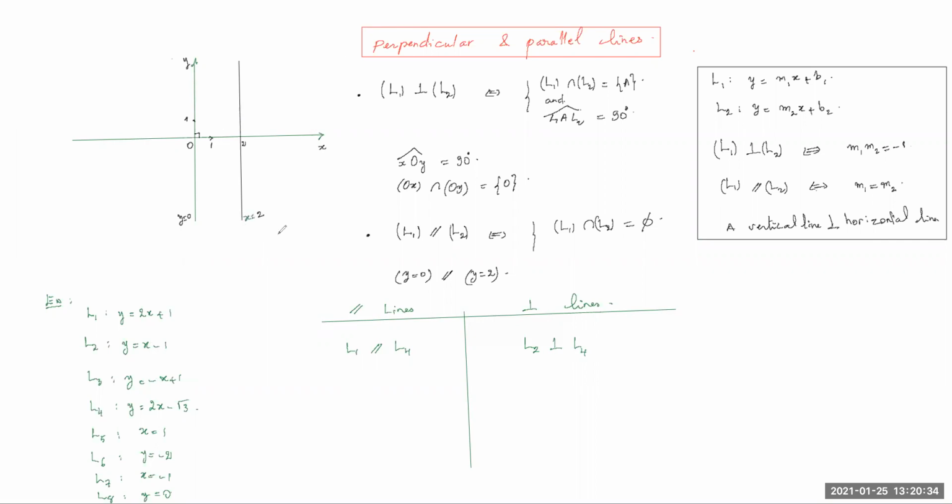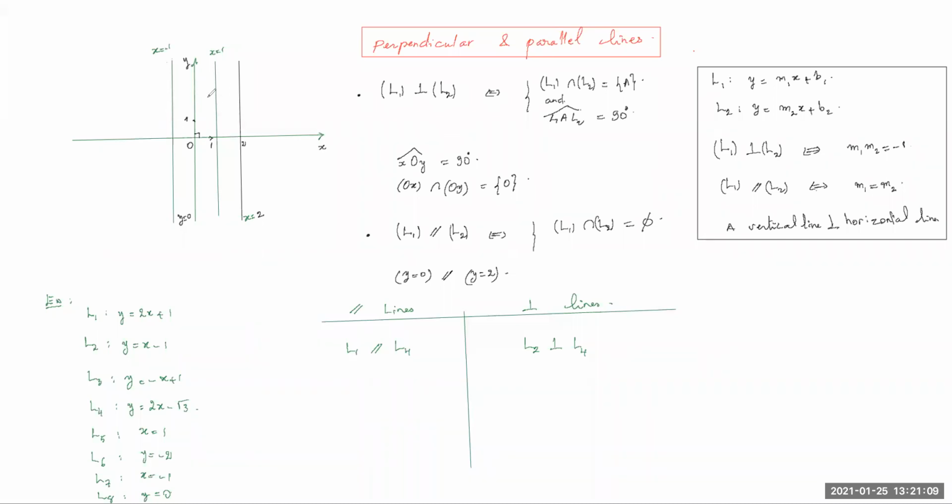If I draw x equal 1 and x equal minus 1, approximately here, I see that these two lines are parallel.